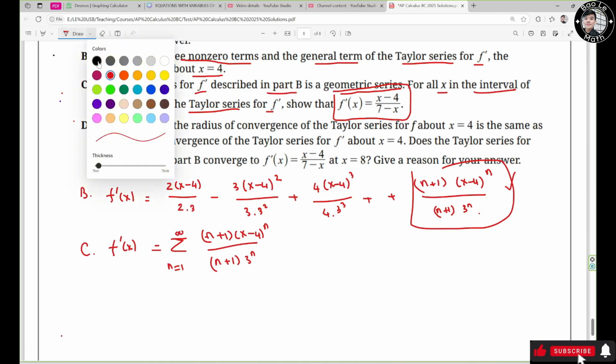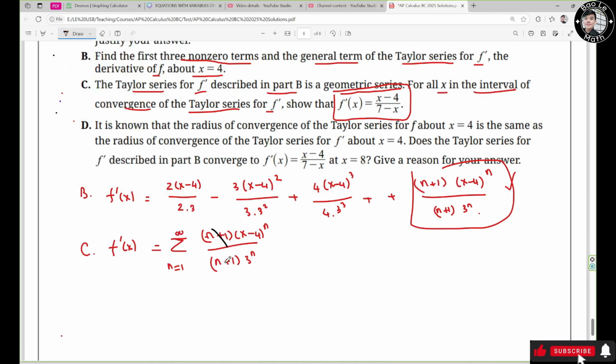Now, you need to simplify this. So it's going to be the sum of (s minus 4) raised to the n over 3 raised to the n, when n goes from 1 to infinity.